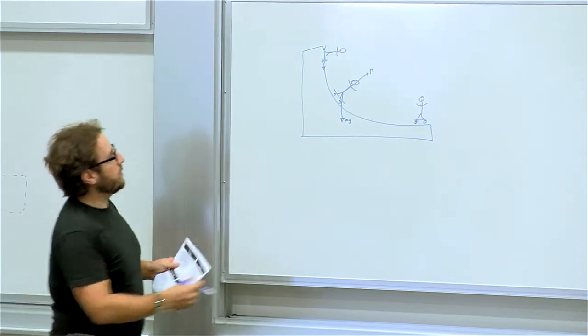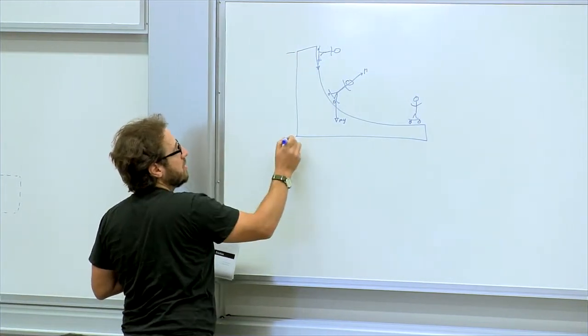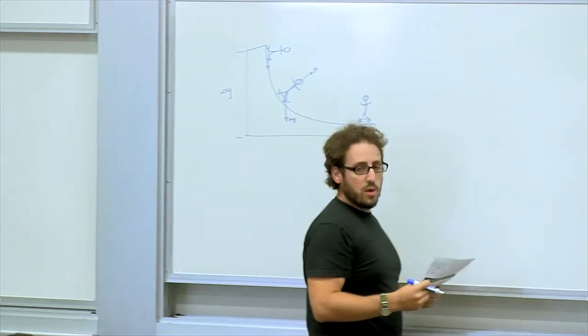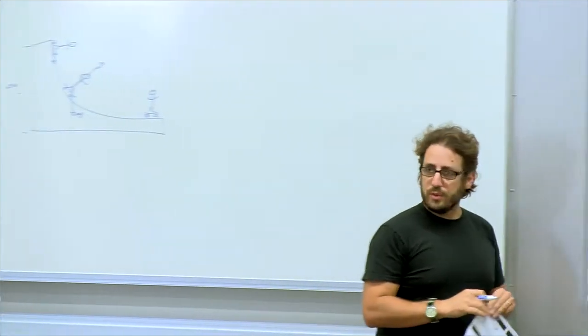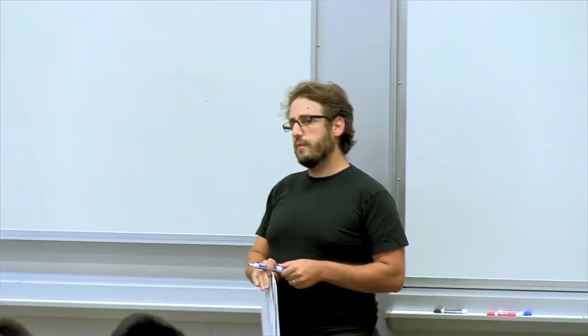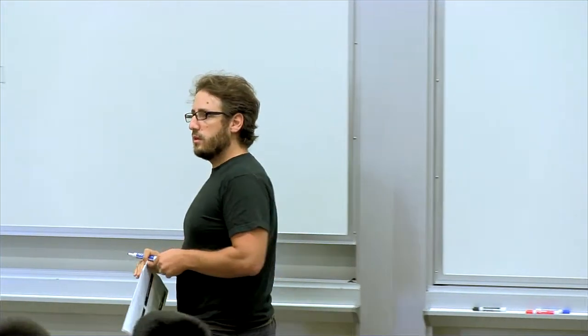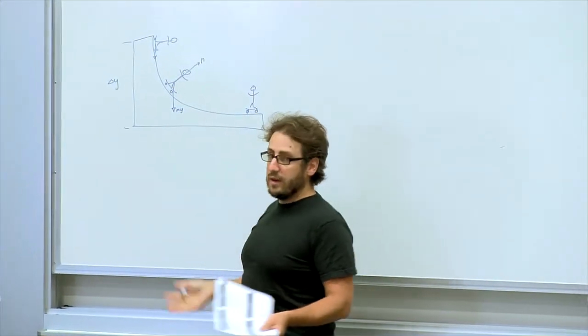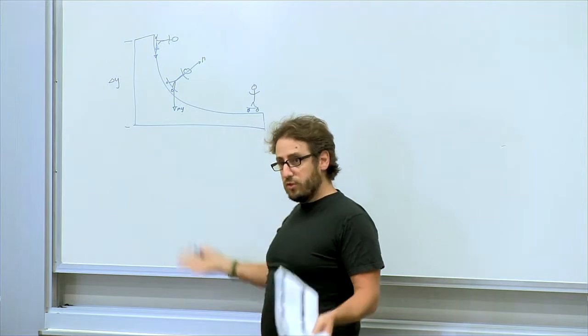Now, between here and here there's some delta y, so of course there's some work done by gravity. What about the normal force? Does the normal force do any work? No. Why not? The normal force is always perpendicular to the surface, and he's moving along the surface, so the normal force is doing no work.